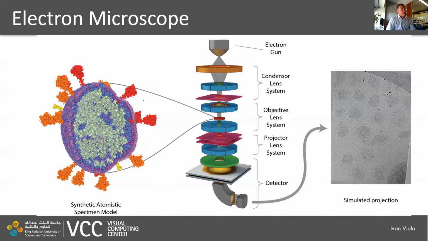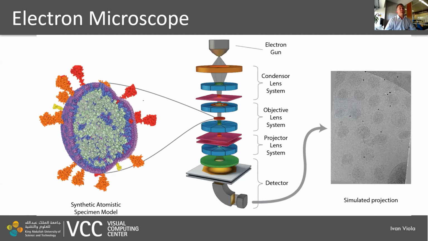So the electron microscope is in some sense analogous to an optical microscope, which we can often relate to much easier. So it has analogous components, but they are realized in a different way. The source is an electron gun instead of a light source, or an X-ray source, for example.